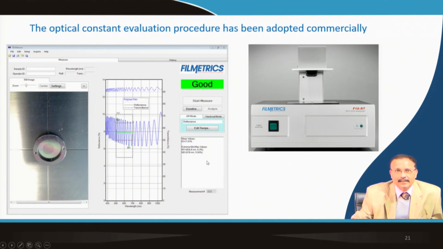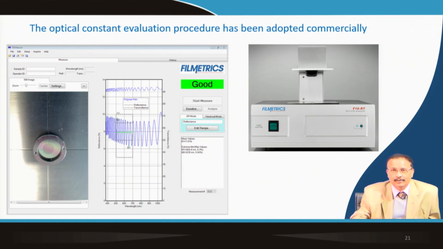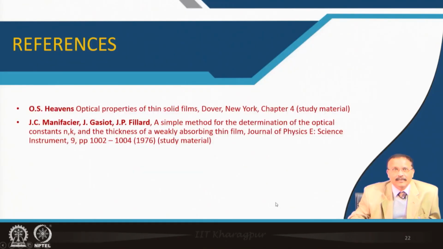Through the software you just put the sample, it measures the transmittance and reflectance spectra, does the internal calculation to get you the value of n, value of k, Eg, extinction coefficient and accurate film thickness. So, this has already been commercialized. It is a good thing for you to do it yourself.